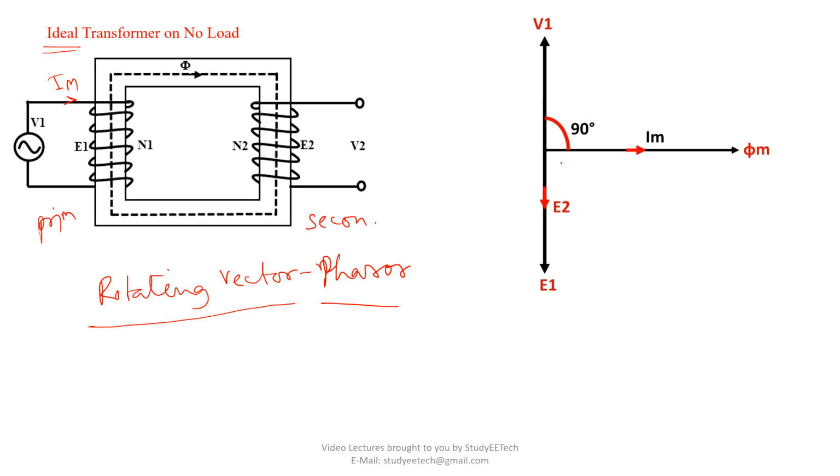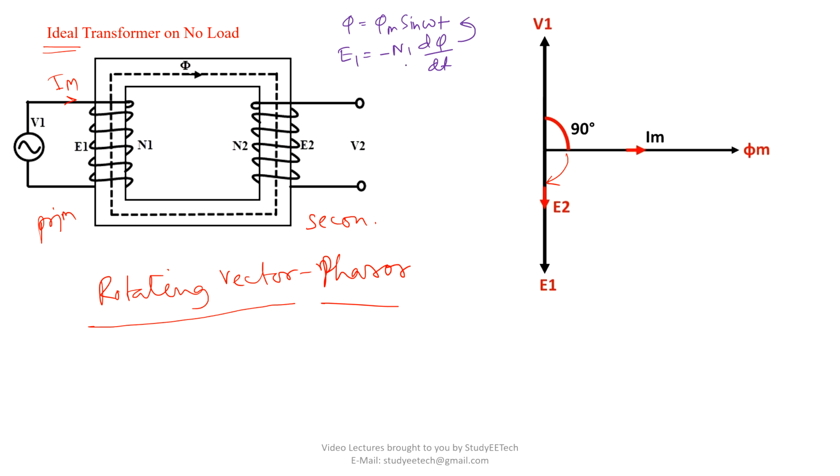Now E1 and E2 will be 90 degrees lagging. Why will it be so? Let me prove it quickly. Let us say phi equals phi m sine omega t. Now the developed E1 will be minus N1 d phi by dt.